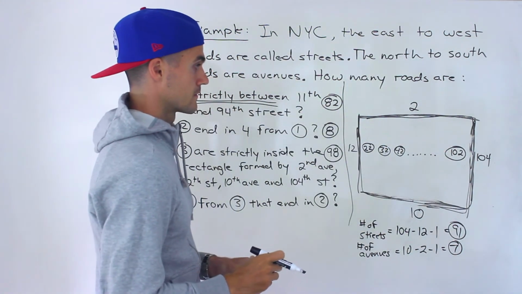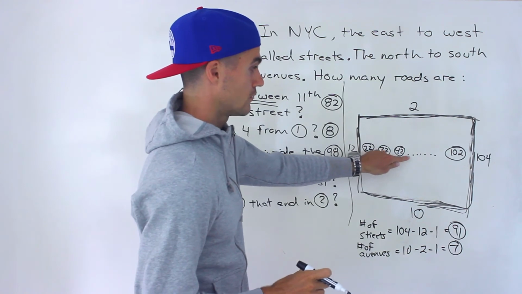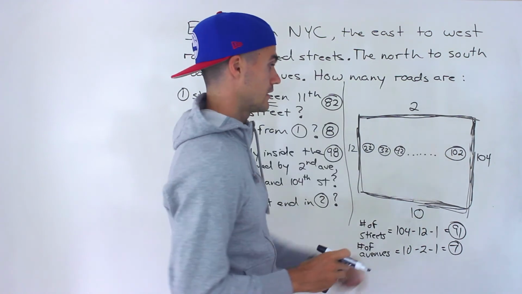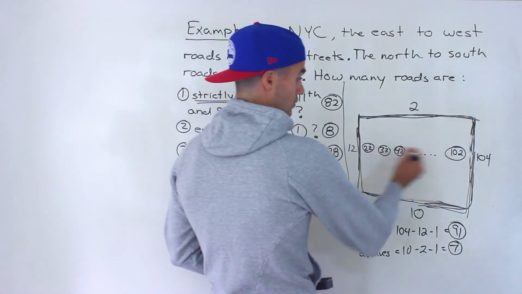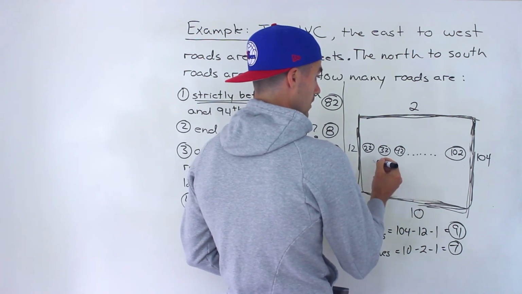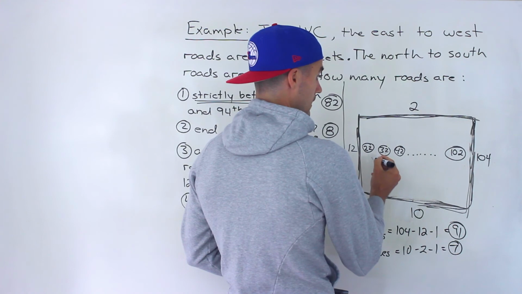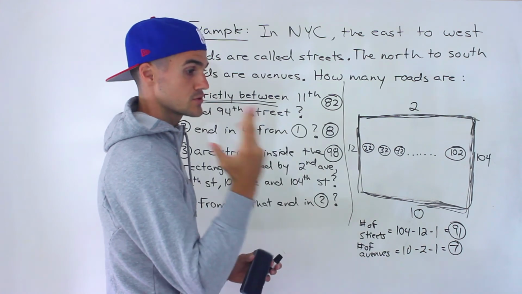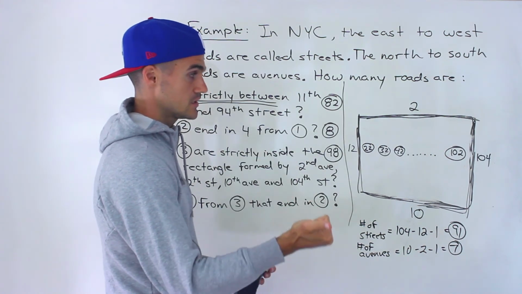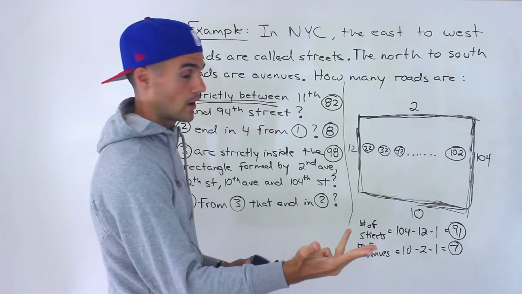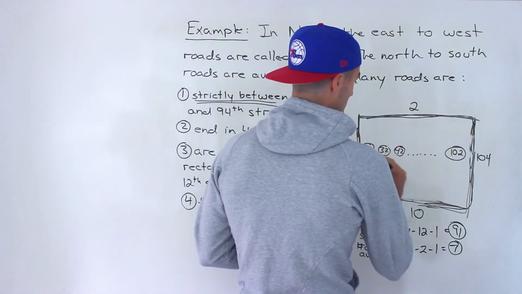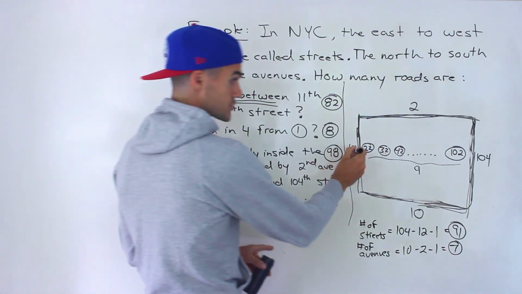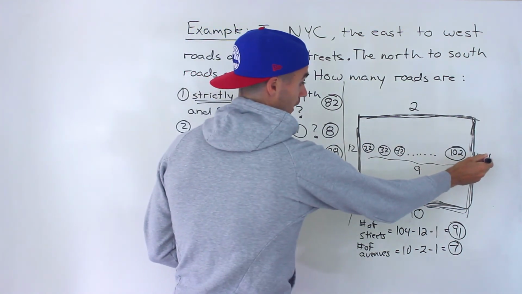So the number there would be 9: 22, 32, 42, 52, 62, 72, 82, 92, 102. So there would be 9 streets that end in 2 strictly in between 12th Street and 104th Street.